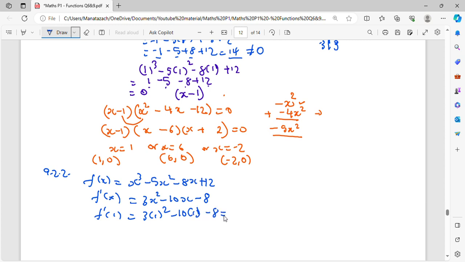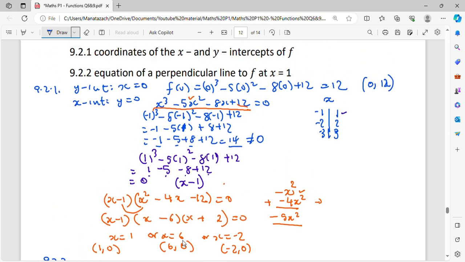Here we'll have 3 times 1 minus 10 minus 8. So 3 minus 10, we'll have minus 7. Minus 7 minus 8 is minus 15. So this is the gradient of the function f where x is equal to 1.